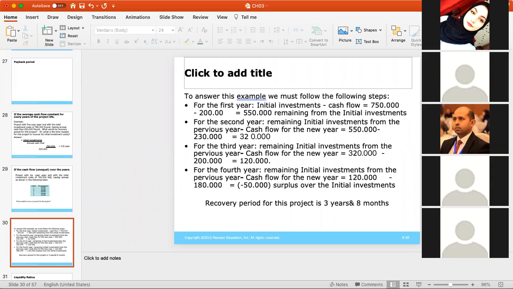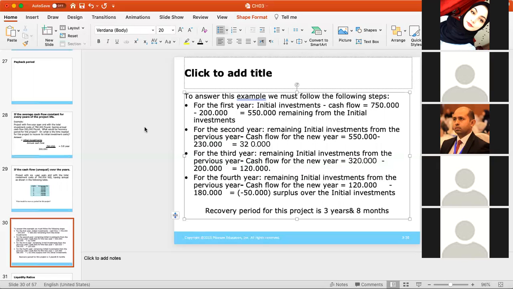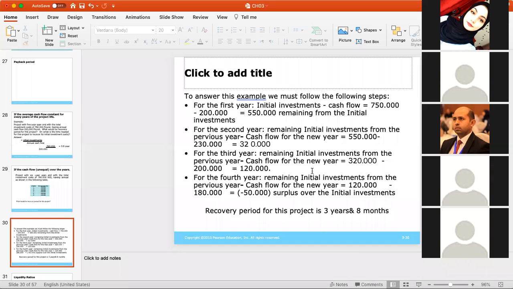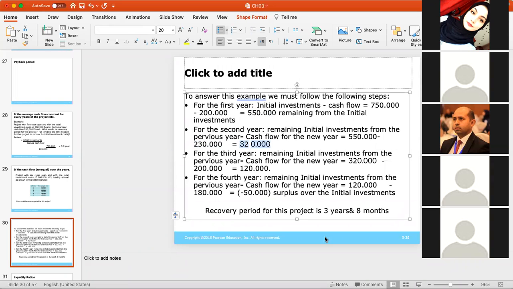This example here is going to tell us exactly how we are going to operate. But there is a mistake here, I think. Oh, sorry, 550,000. This is 550,000. So this is the remaining amount of invested capital. The second year, after I deduct the 230,000, the remaining amount of invested capital is going to be 320,000.